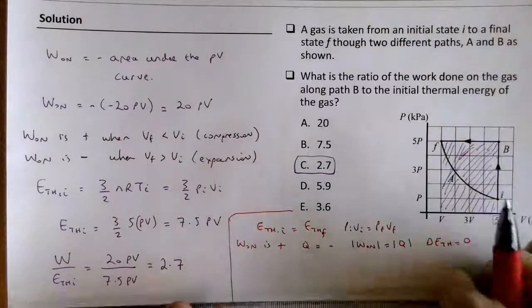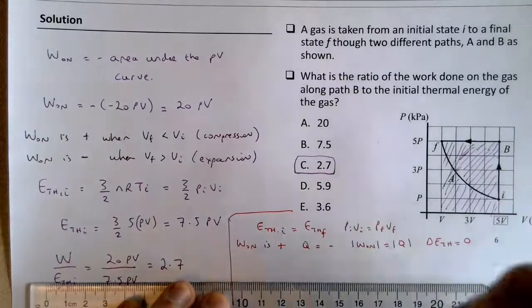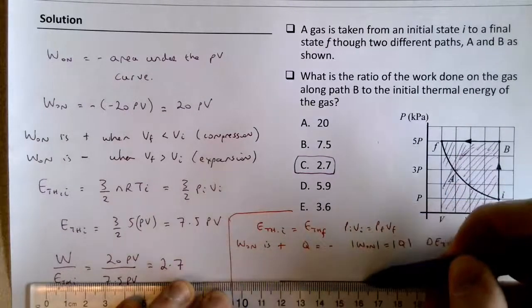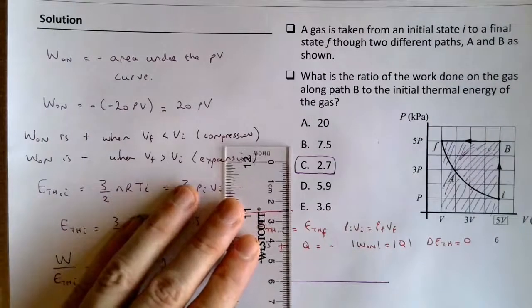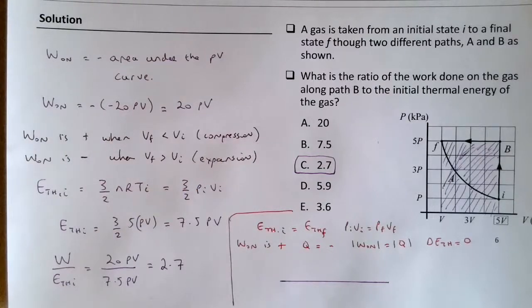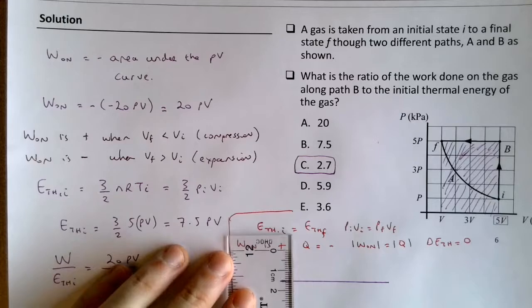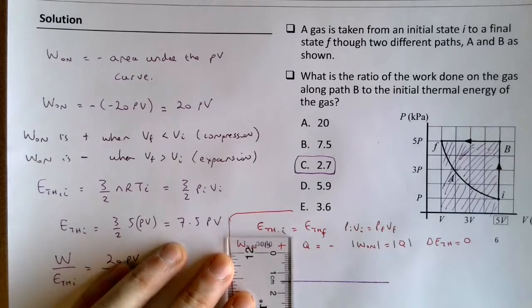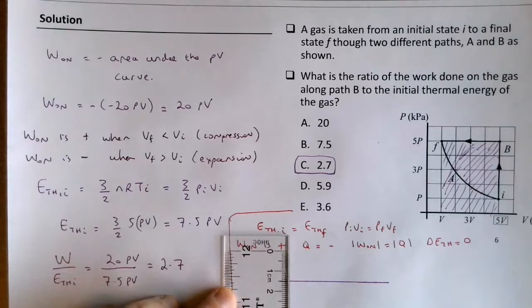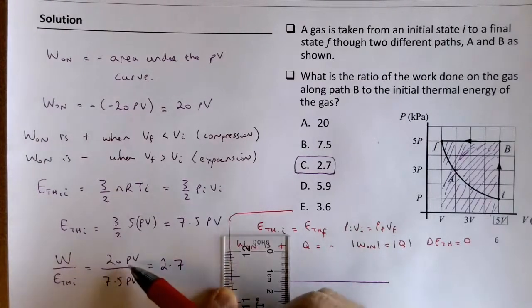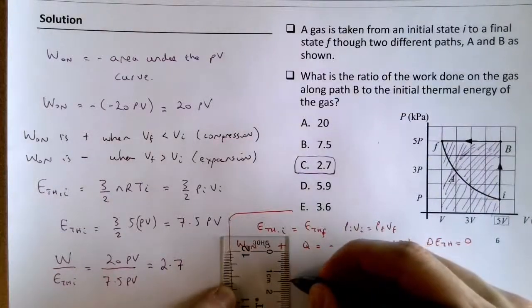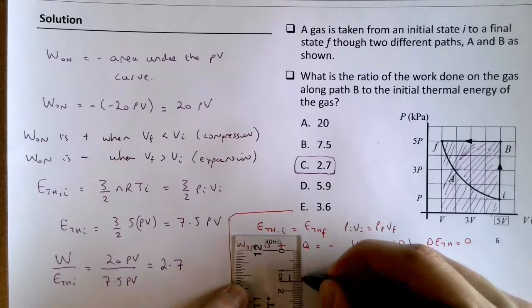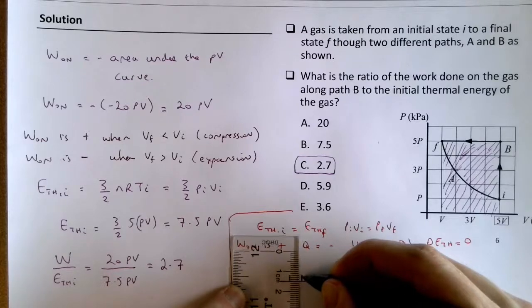So if you're drawing a first law bar chart, try to draw this reasonably accurately. I'll make the initial thermal energy pretty small because I know that the work done is about 3 times bigger. So I'll make it pretty small, 2 or 3 mm here on my ruler.